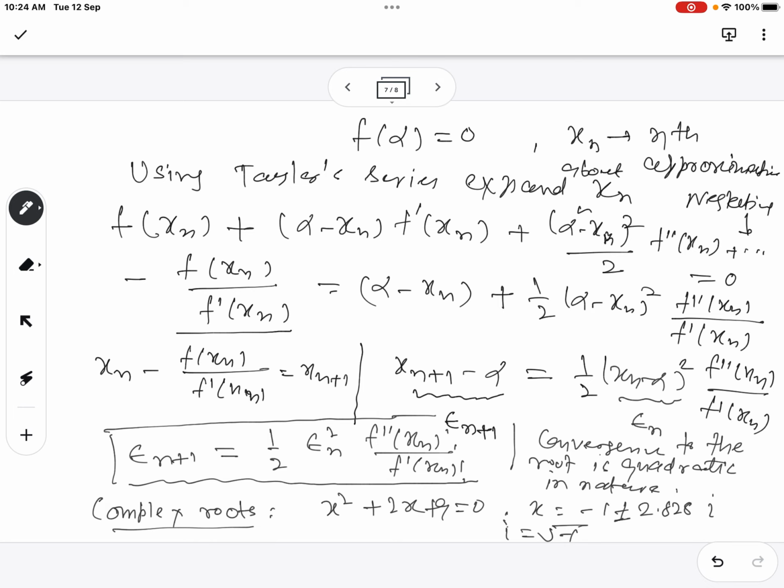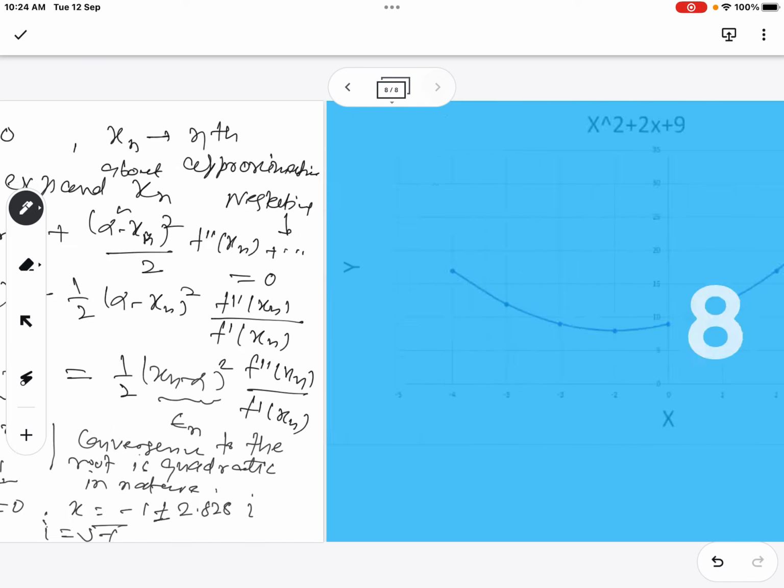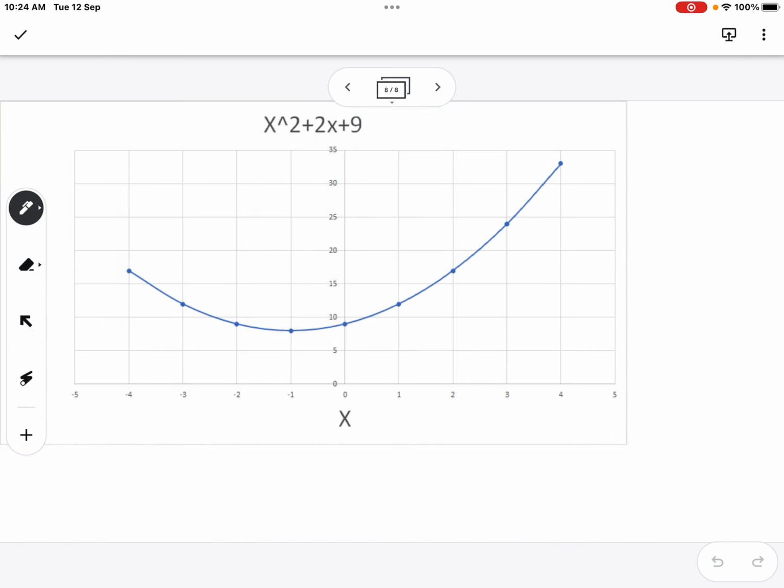Let us pretend that we do not know anything about the root of this given equation. Now if I plot this equation, it will look something like this. As we can see over here, this plot does not intersect the x-axis anywhere. It means that it contains imaginary roots. The root is complex in nature.